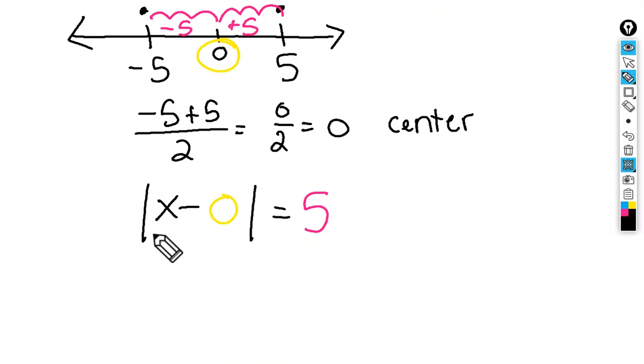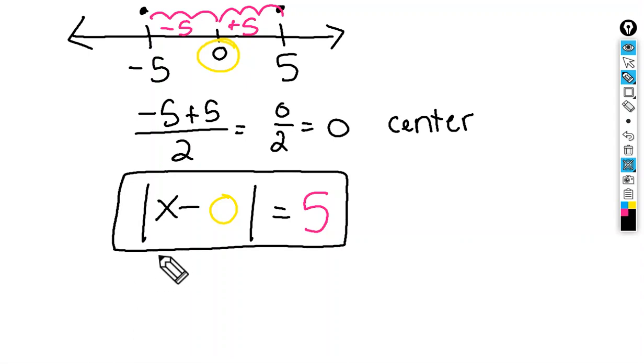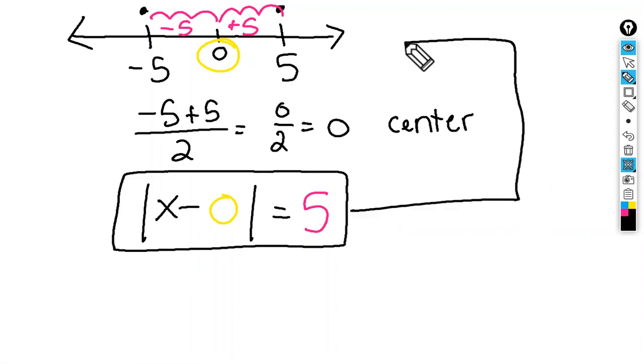Okay. The distance from 0 is 5. This absolute value equation matches this graph. Okay, so now I'm going to clear this and do another example.